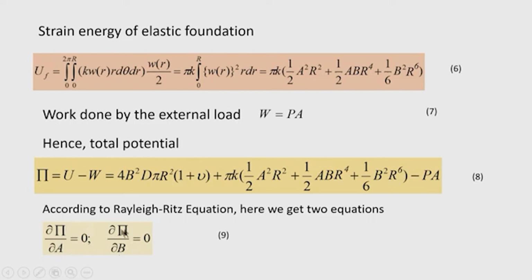By differentiating this total potential with respect to A and with respect to B separately, we get two equations, and these will be linear simultaneous equations. So, two linear simultaneous equations have to be solved for finding A and B, which requires completely knowing the deflection function.